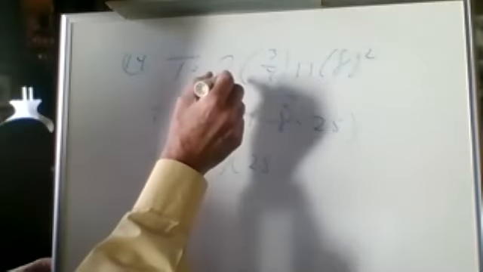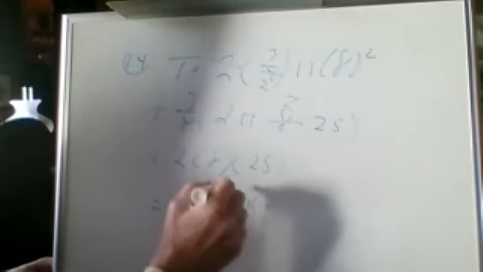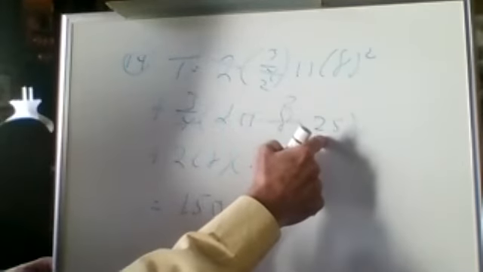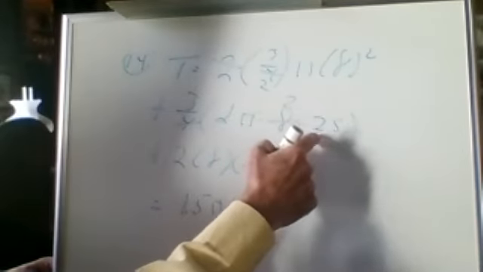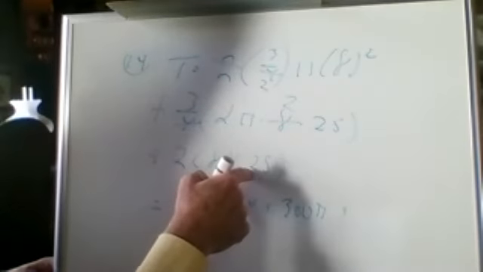So I have 1.5 pi times 64, plus 2 times 25 is 50, times 2 is 100, times 3 is 300, so 300 pi, plus 2 times 8 is 16, times 25 is 400.